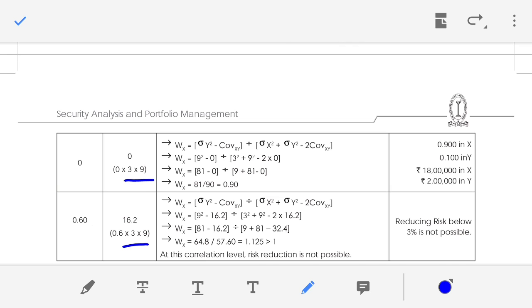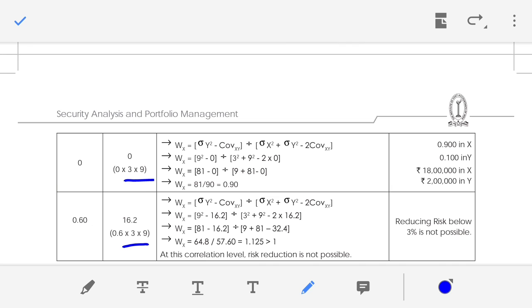Let us see the last one, 0.60. 0.60 into 3 into 9 is equal to 16.2. The formula for the weight of X is sigma Y square minus COV of XY divided by sigma X square plus sigma Y square minus 2 COV XY. So 9 square minus 16.2 divided by 3 square plus 9 square minus 2 into 16.2.